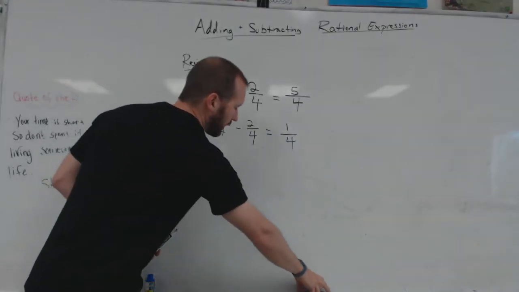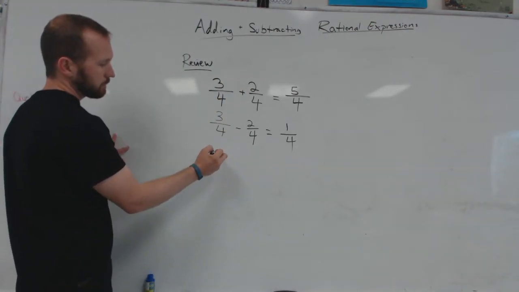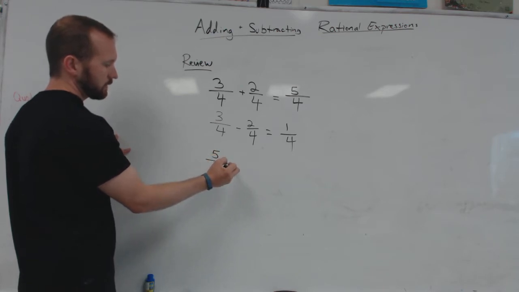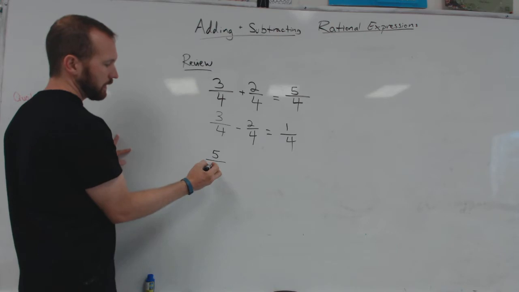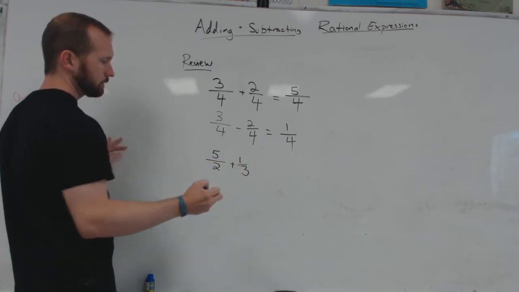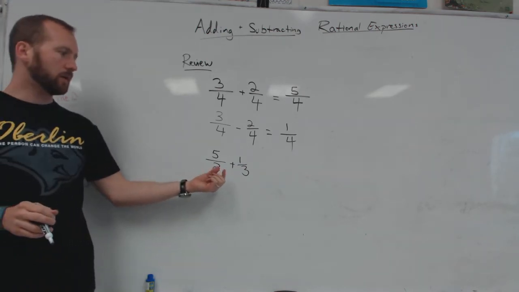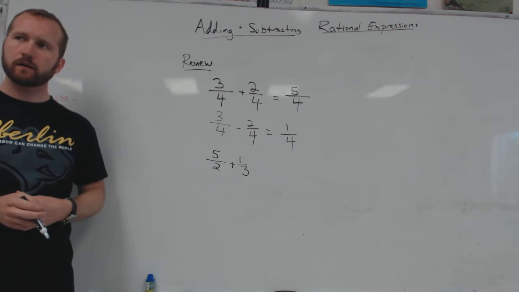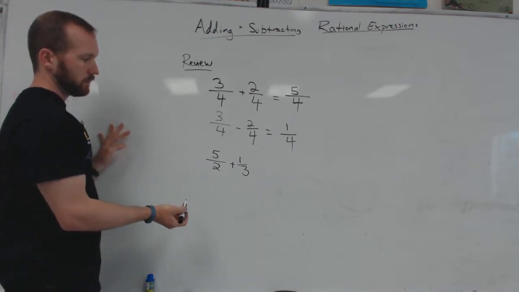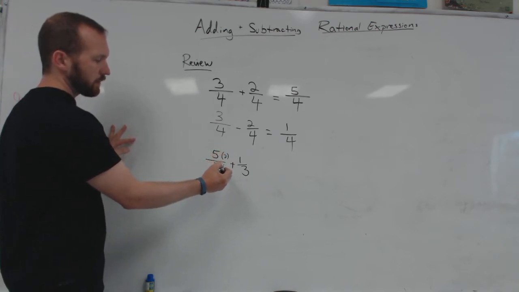Okay, what if we have different denominators? Let's say I have 5/2 plus 1/3. Yeah, and how do I do that? Yeah, so I multiply this one by 3/3.